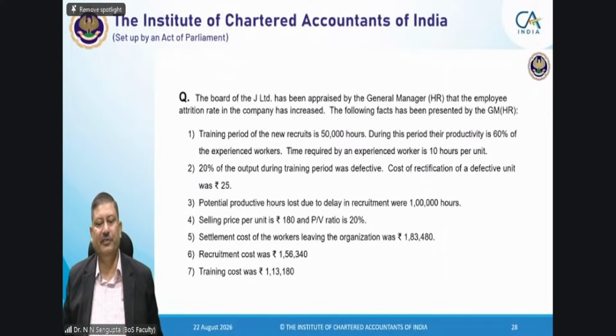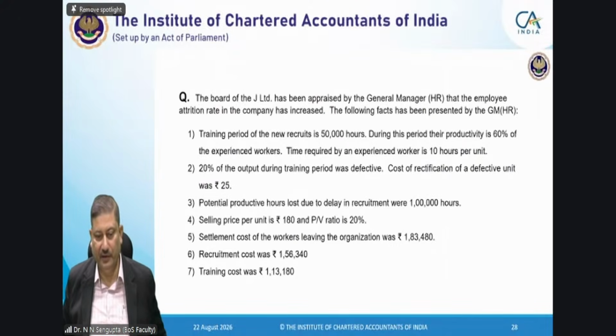The board of J Limited has been apprised by the general manager HR that the employee attrition rate in the company has increased. The following facts have been presented by the GM HR. Training period for the new recruits is 50,000 hours. During the period, their productivity is 60% of the experienced workers.